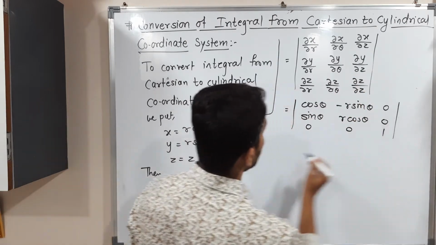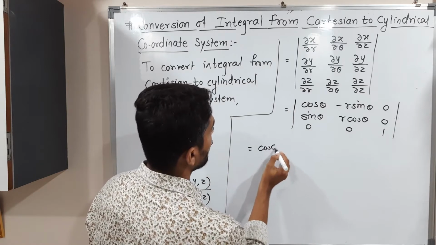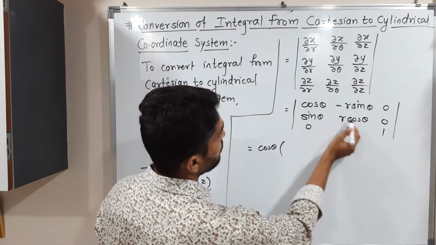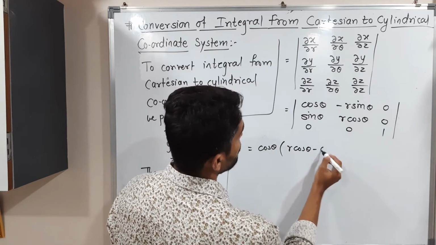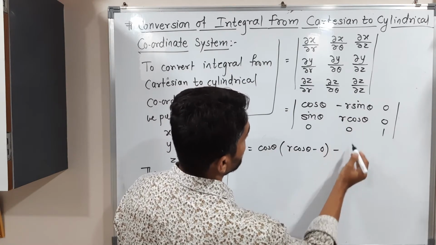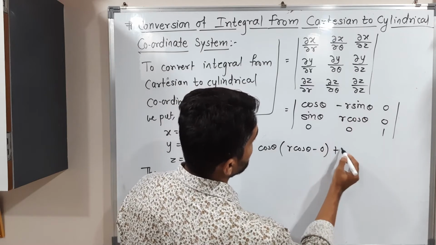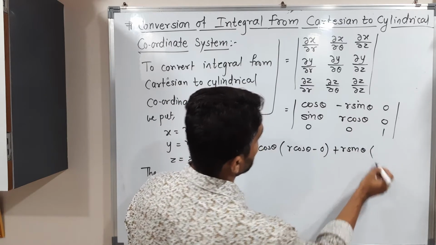So let us solve this determinant. What will we get? You know how to solve a determinant. Cos theta into the product of these two, r cos theta, minus the product of these two, 0. Minus, after that there is a minus, so minus minus plus r sin theta.